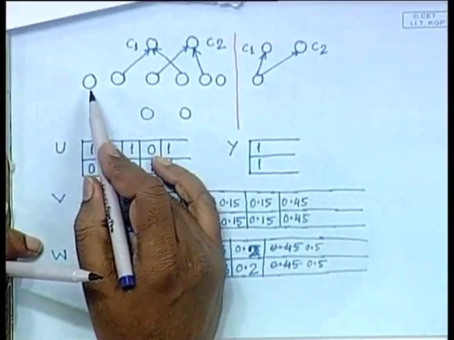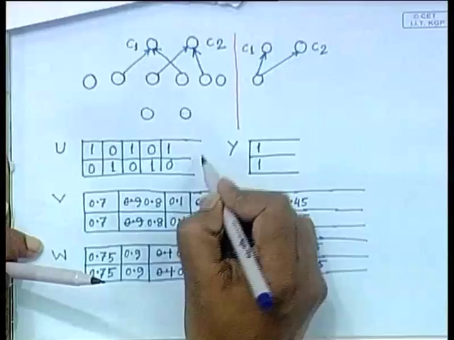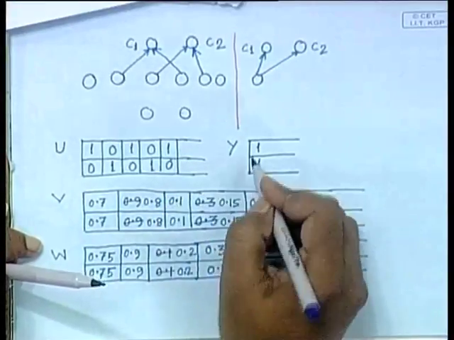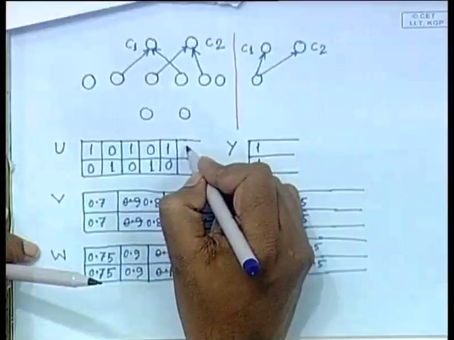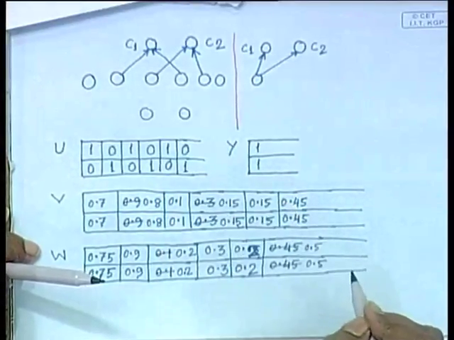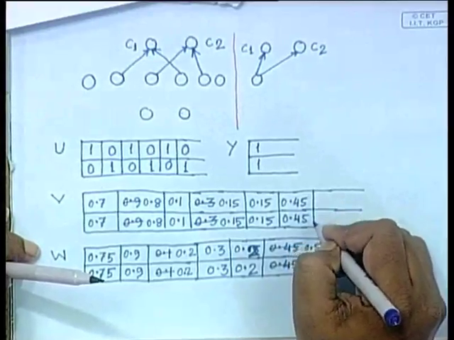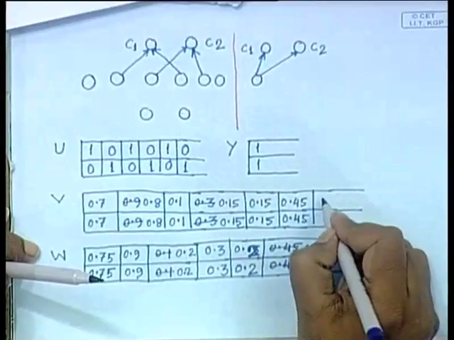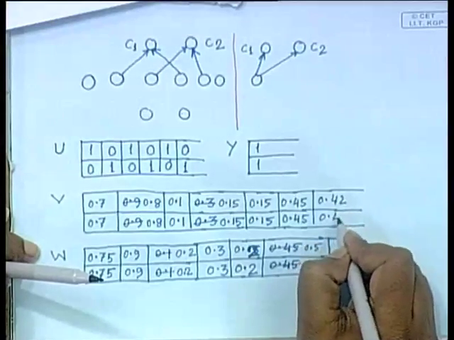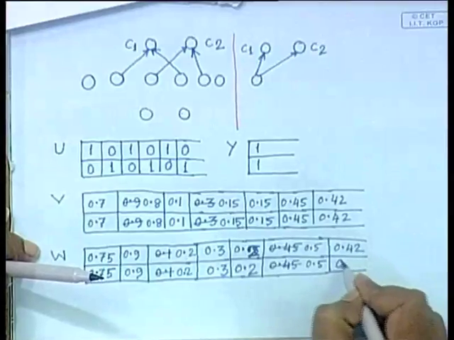And for this the min point and max point will be 0.42, 0.42, and because a new node is added, I have to make an entry in the matrix U, and this belongs to class C2. So, the entry in matrix U will be 0, 1, okay. And for this my min point and max point will be 0.42, 0.42, 0.42, 0.42.